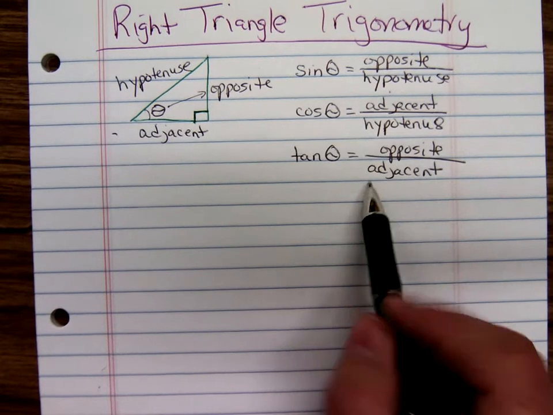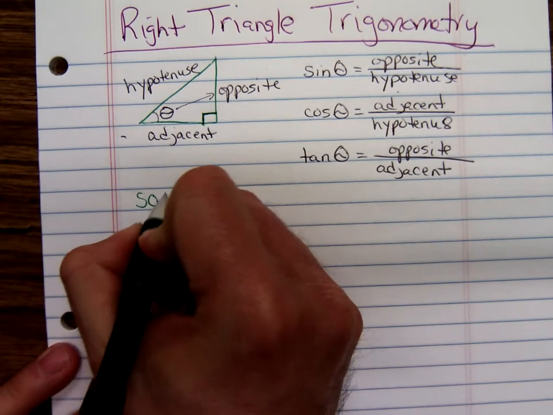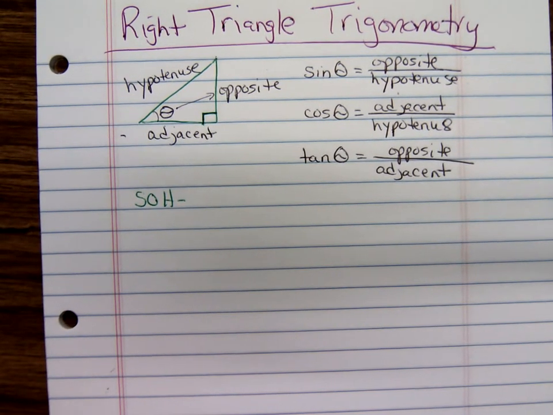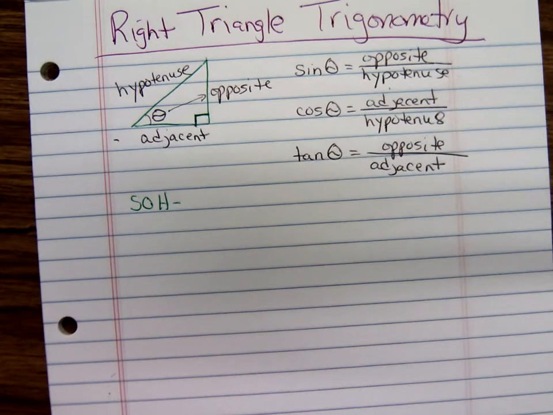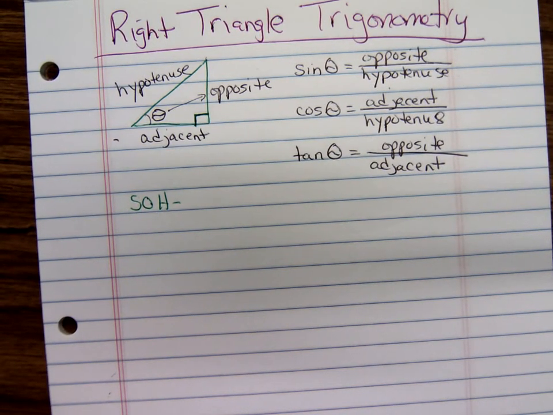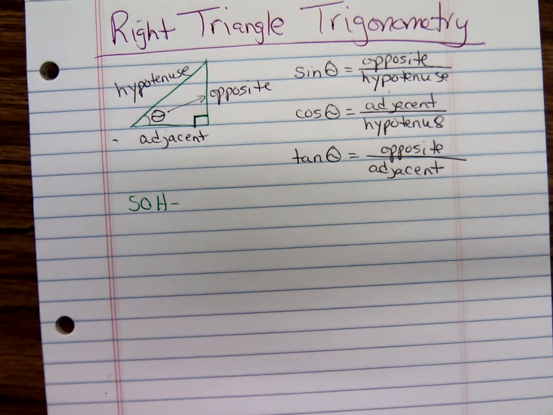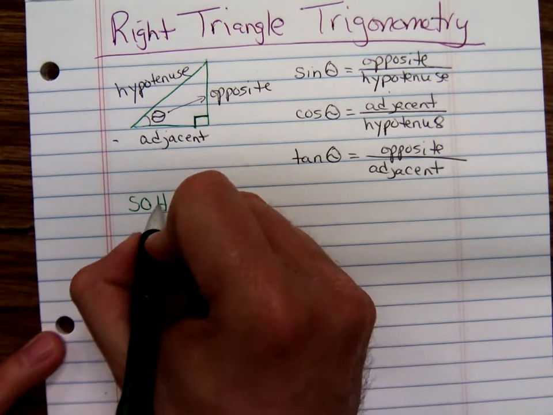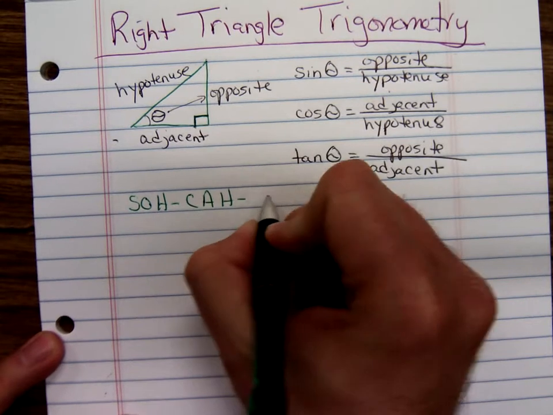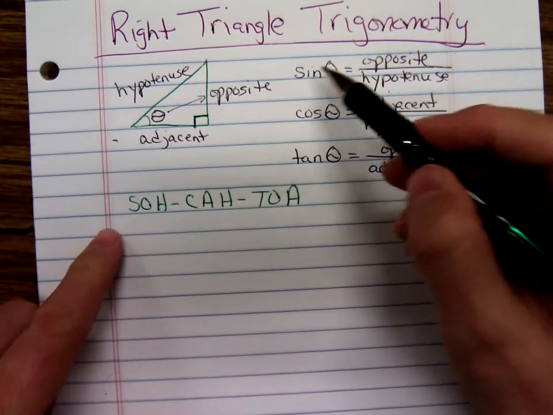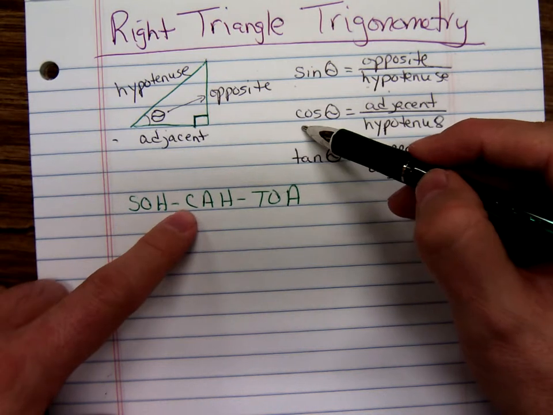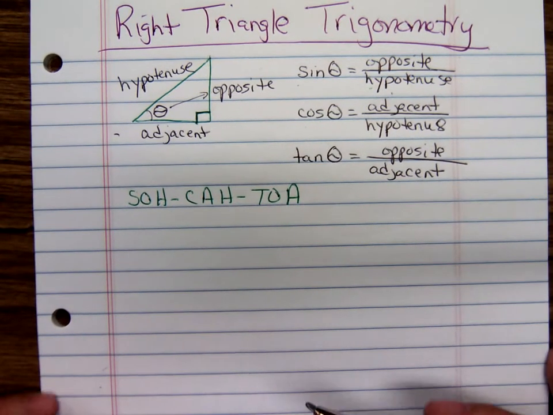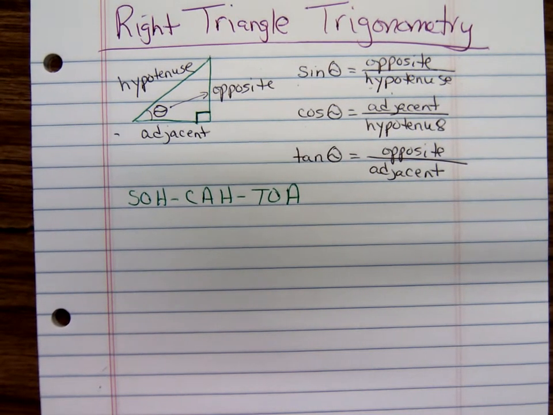Somehow you need to remember that, and I remember my 11th grade teacher saying, remember the Native American name, SOHCAHTOA: sine opposite over hypotenuse, cosine adjacent over hypotenuse, tangent opposite over adjacent. So you can remember SOHCAHTOA. That might help you remember it.